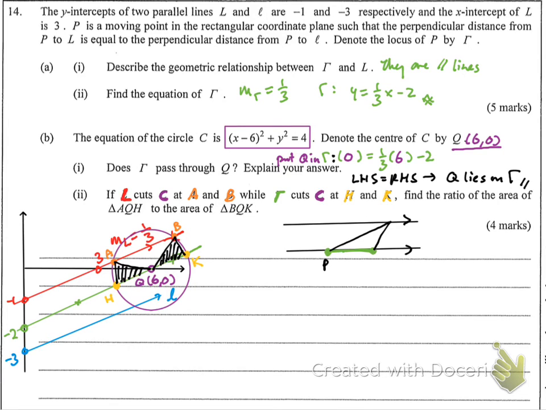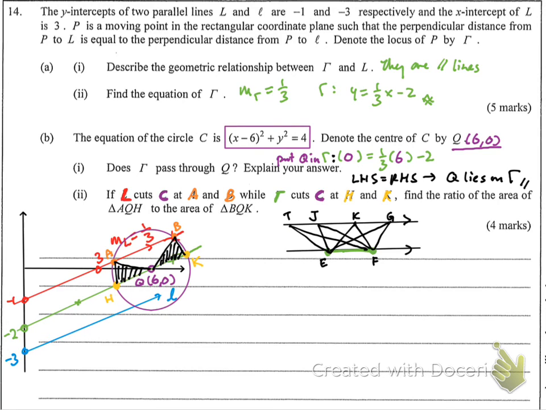Let's say they are E and F, and this is point G. The triangle GEF has the same area as the triangle KEF, the same area as the triangle JEF, and so on.